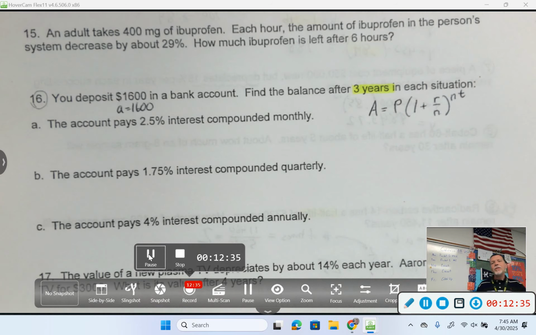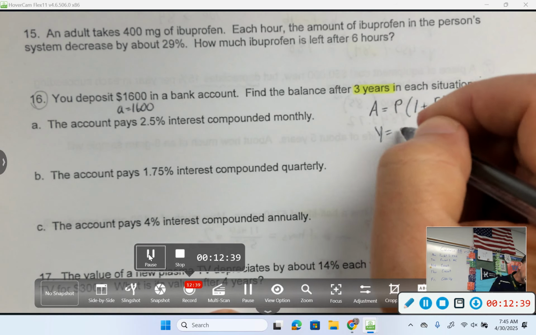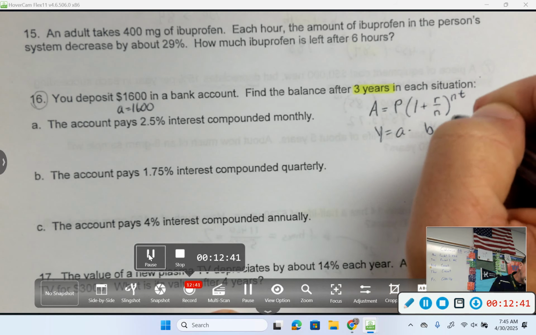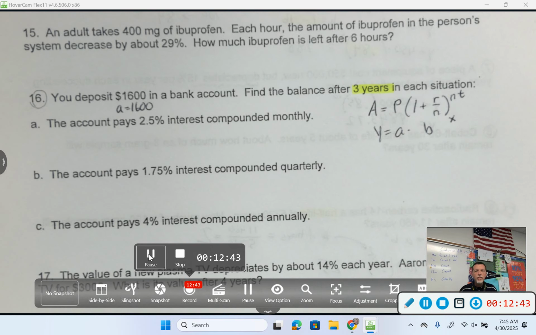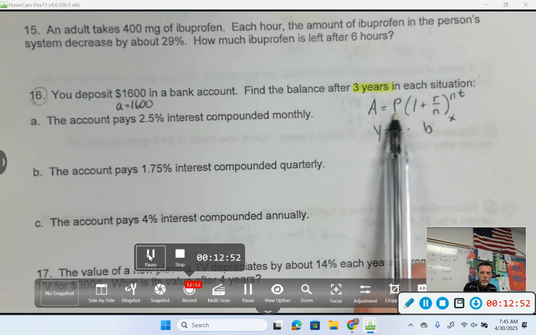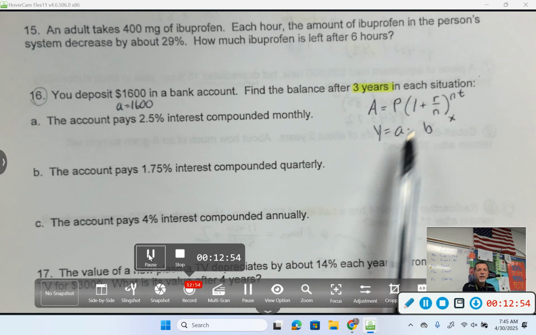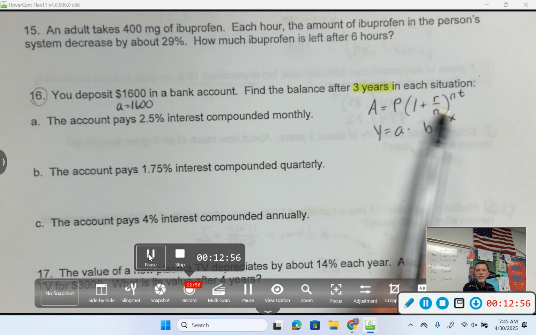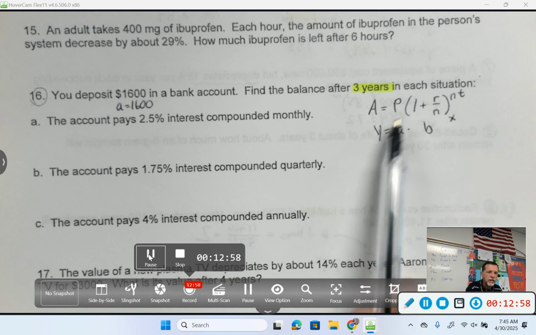I don't know that you need to memorize that because it fits with Y equals A times B to the X. That's really the same formula. Obviously they look very different, but it's kind of the same thing. Most of the time teachers present this like it's some separate formula, but you can just keep using this if you have your brain turned on.